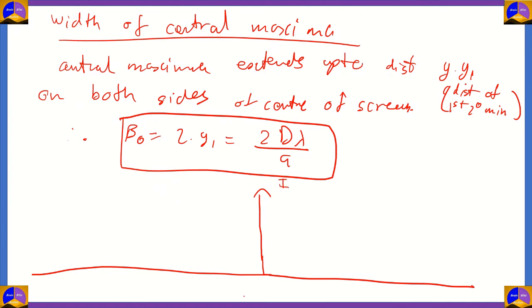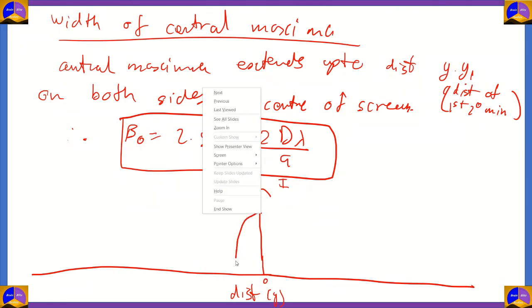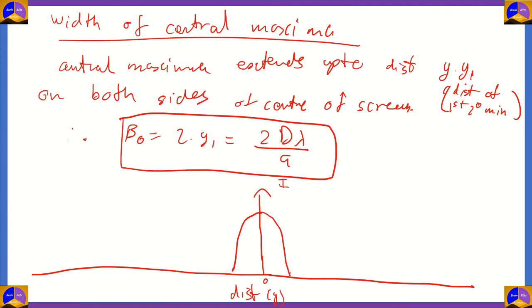So you have intensity and you have distance in y. At 0 you have maximum intensity, so this is your central maxima, and the points of minima can be written down as lambda by a.